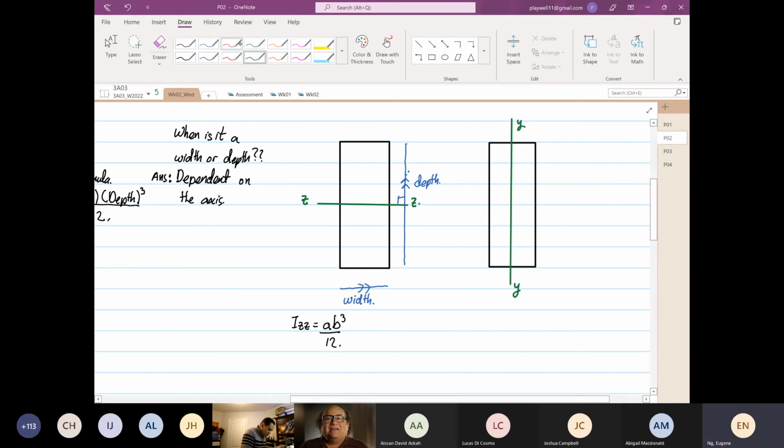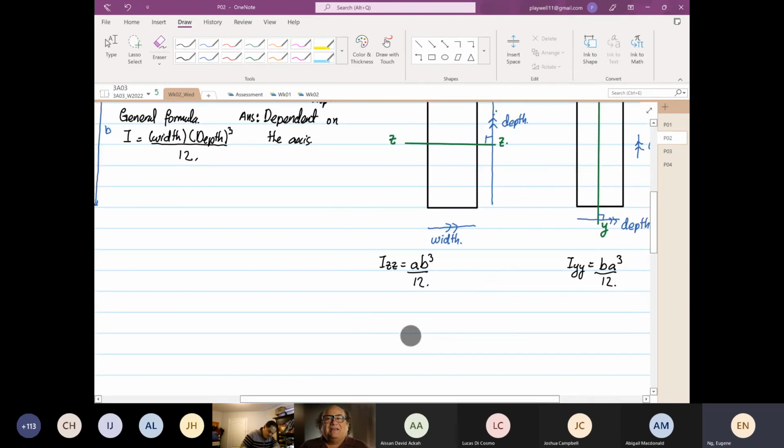So any geometry that is parallel to the axis of interest, now this becomes your width. And over here now, which is 90 degrees to the axis, this becomes your depth. So therefore, Iyy is equal, so your width is B, your depth is A cubed over 12. Okay, so this is how you should identify whether it's Iyy or Izz.